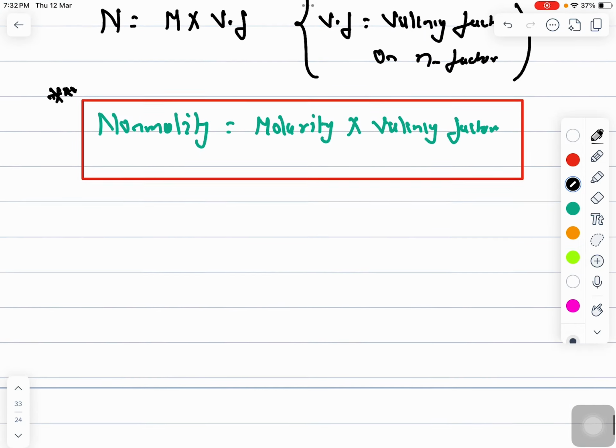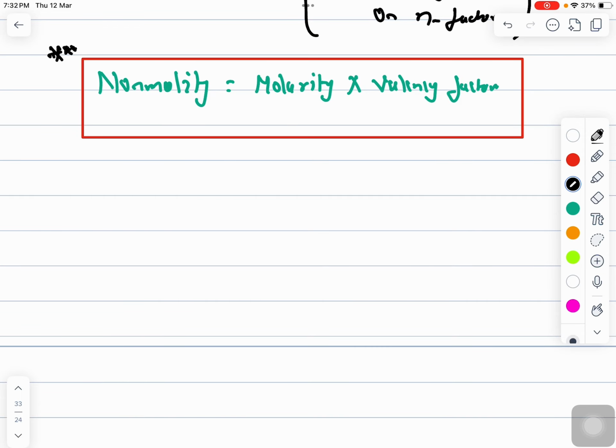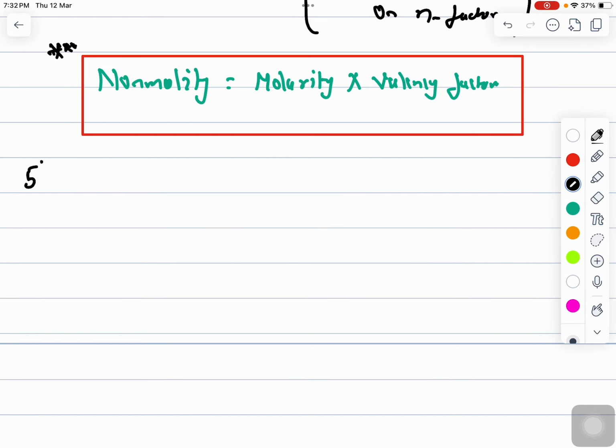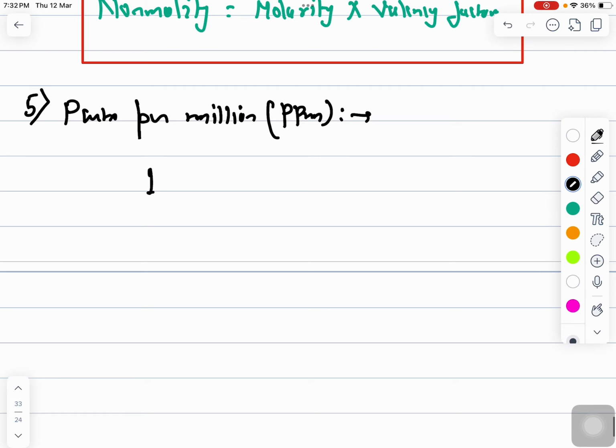Okay, so I hope it is clear to all of you how we calculate the normality, molarity and all. Now coming to the next and last concentration term, that is parts per million, also written as ppm. So 1 ppm can be written as 1 gram divided by 10 to the power 6 gram of solution. This is a very important thing.